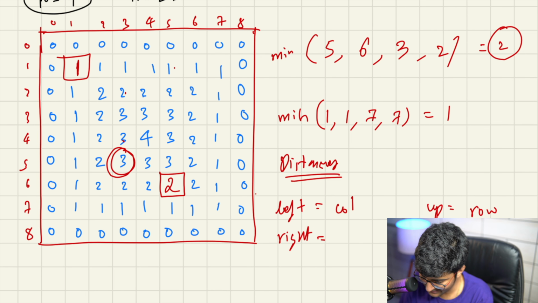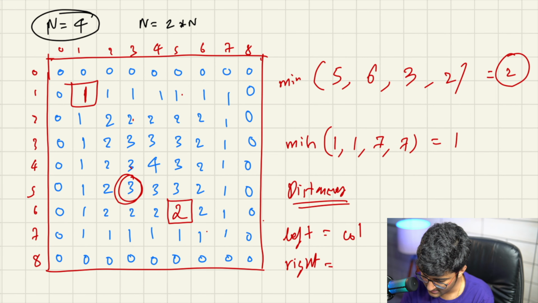What is the distance from the right? Distance from the right is going to be equal to my n, meaning 8 minus the total number of columns you have already had. Okay. So if I'm talking about this thing, so distance from right is 3. 1 second. What is this going to be equal to?